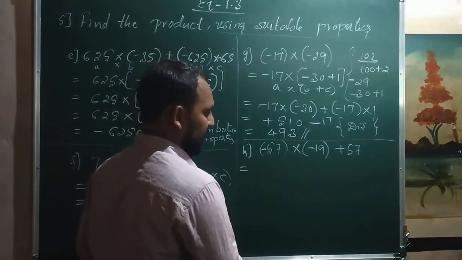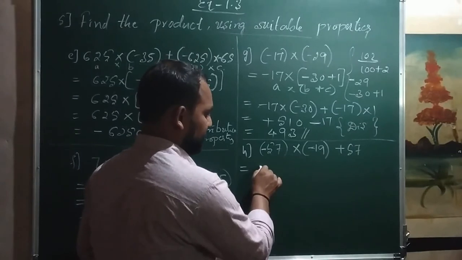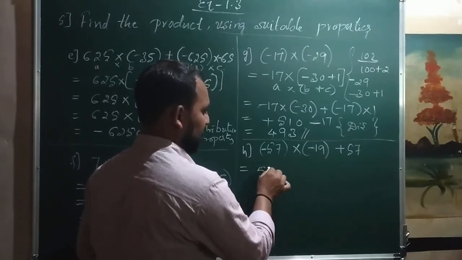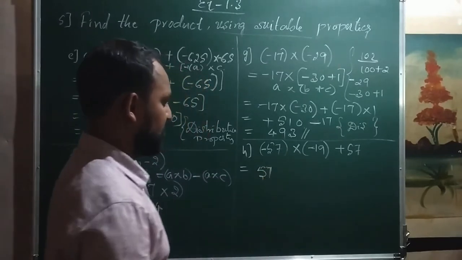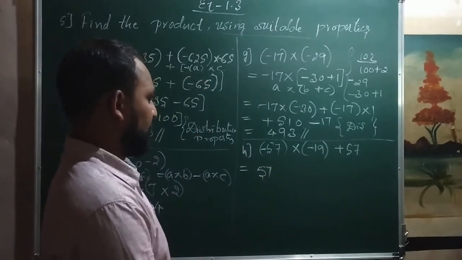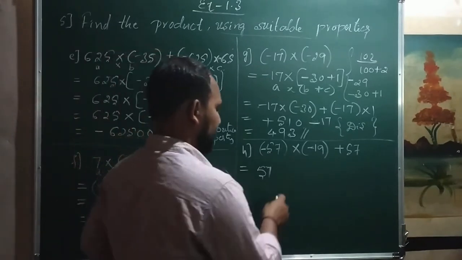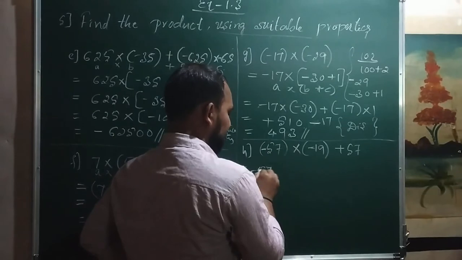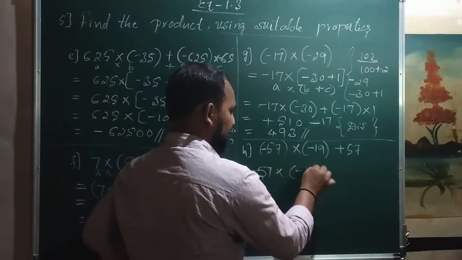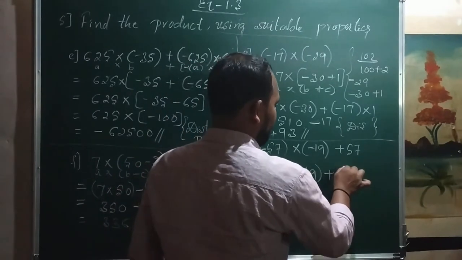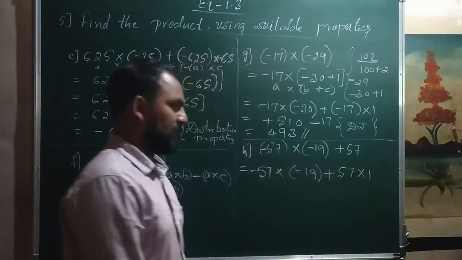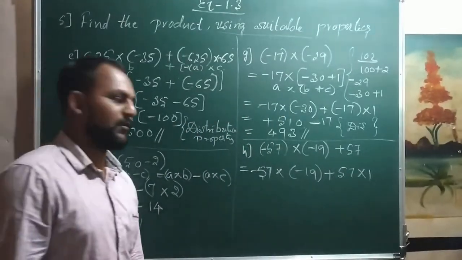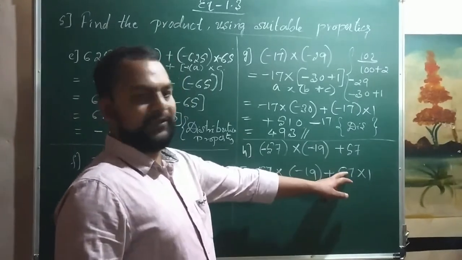Write like this: minus 57 into minus 19 plus 57 into 1. The 57 into 1 is nothing but 57.